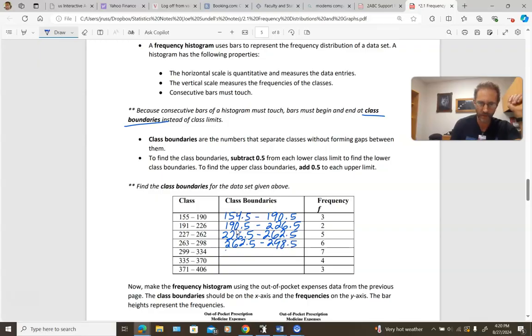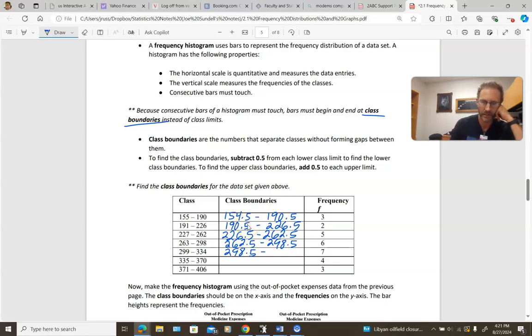And that becomes the lower boundary. So you can see now there is no difference. There are no gaps in the upper boundary of the previous class and the lower boundary of the next class. There is no gap there. Okay, so that's the reason why these bars touch when you draw a histogram.